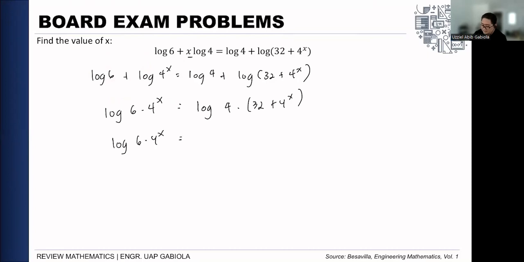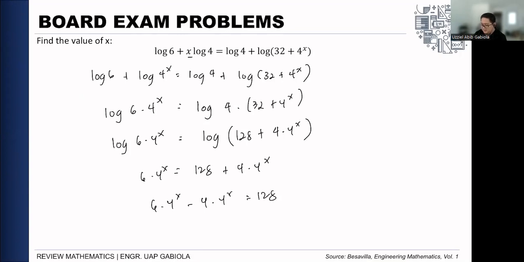Ito wala na siyang pwedeng simplify for now. So this is log. Pwede natin siyang i-distribute, no? So this can be equals to 4 times 32 is 128 plus 4^x, lagyan natin ng quantity. Okay? Yan. Parehas yung naka-log, pwede natin tanggalin si log parehas, no? So, this is 6(4^x) is equals to 128 plus 4^x. Transpose natin or combine natin yung like terms. So, 6(4^x) minus 4^x is equals to 128. So, 2(4^x) is equals to 128. Divide natin both sides by 2.